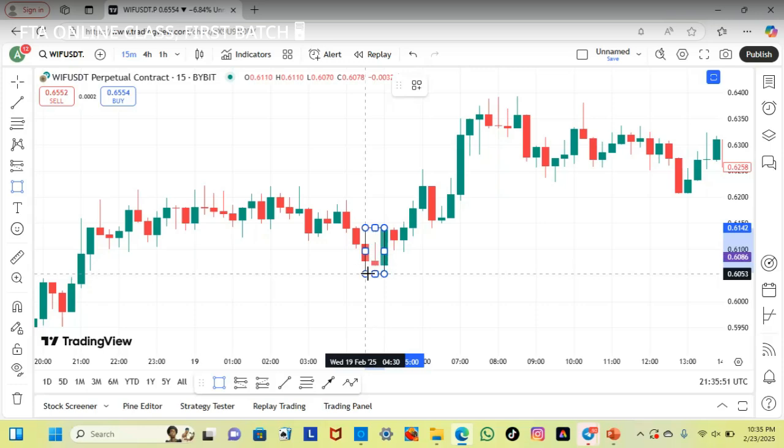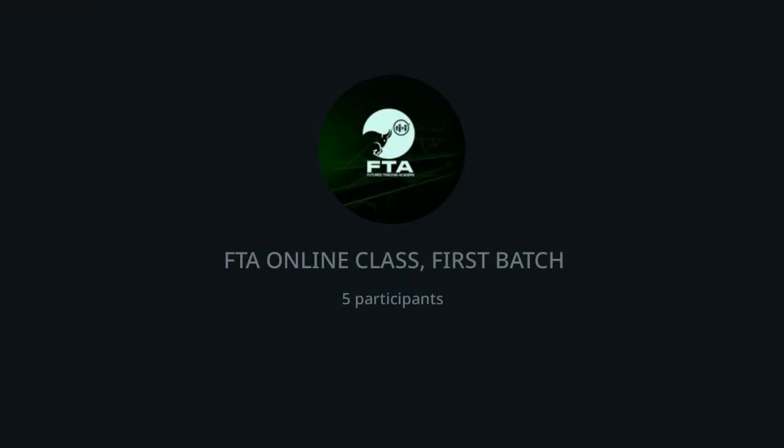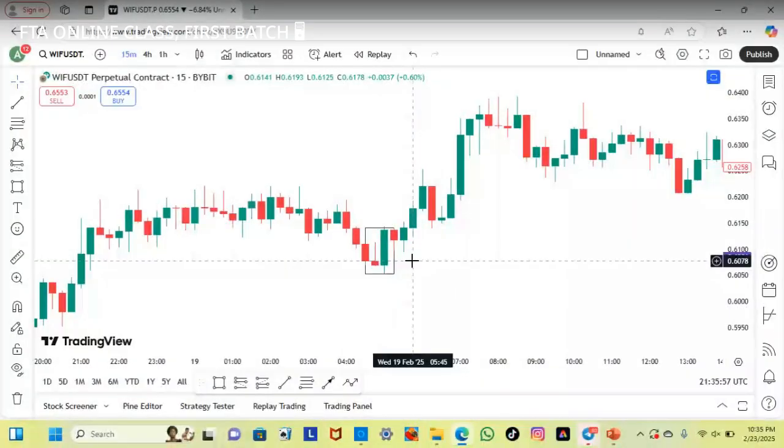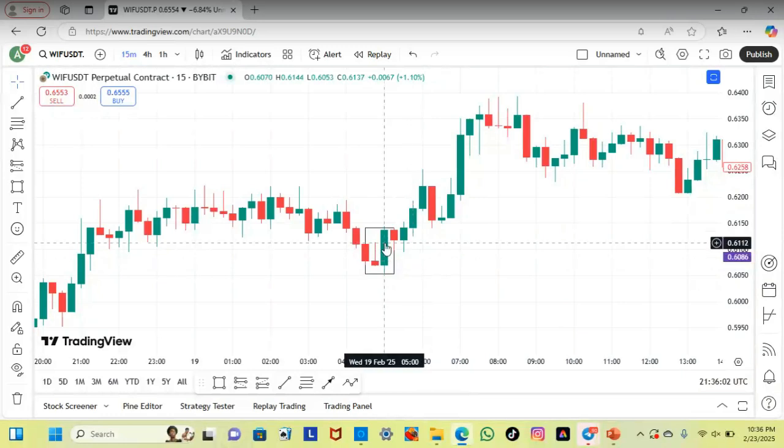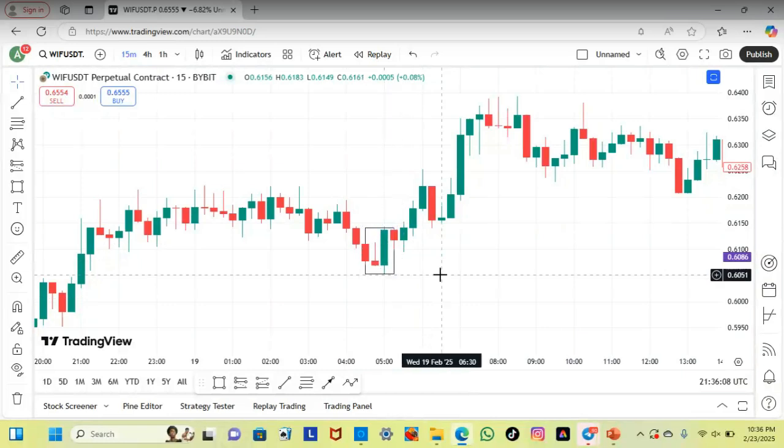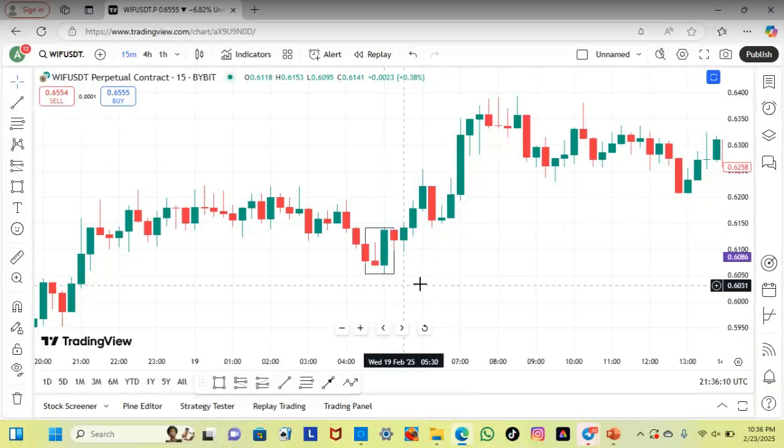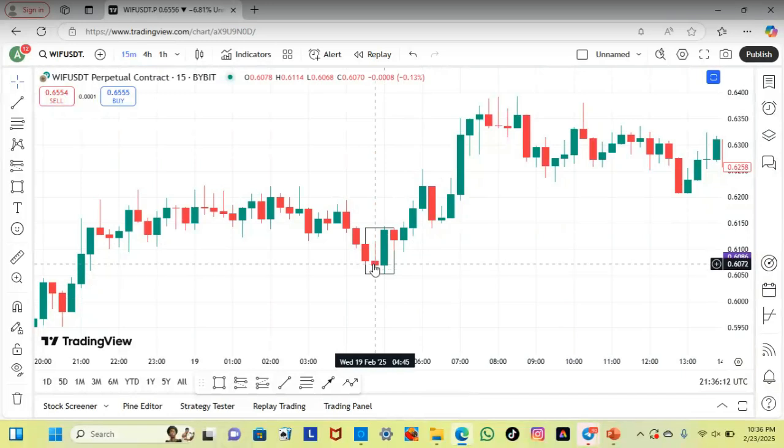So this is it. This green candle you are seeing on this rectangle now is a momentum candle, while the body is 2 to 3 times larger than the body of this bear candle.